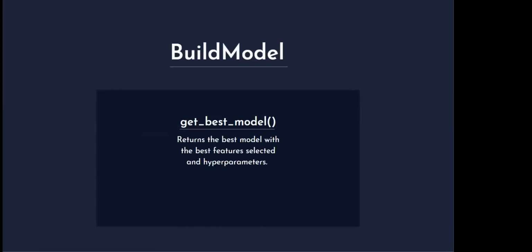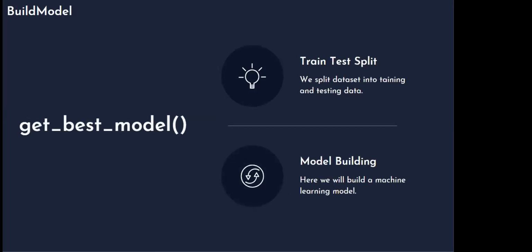So model building. The first method is get best model. Actually, in model building we have only one method, get best model. Let's go into it. We have divided this into two parts: train test split and model building.